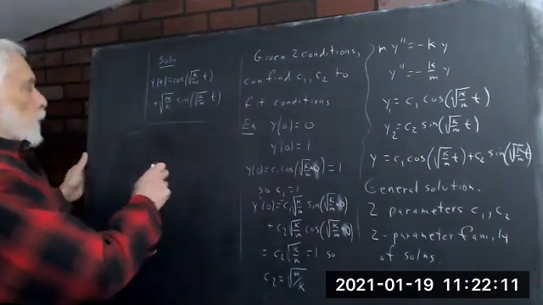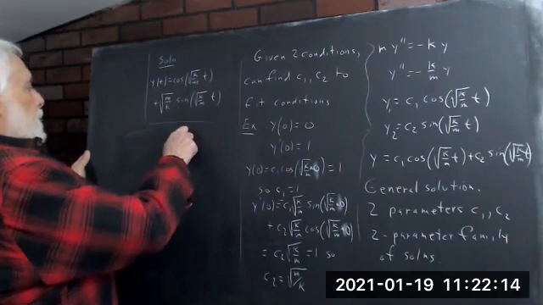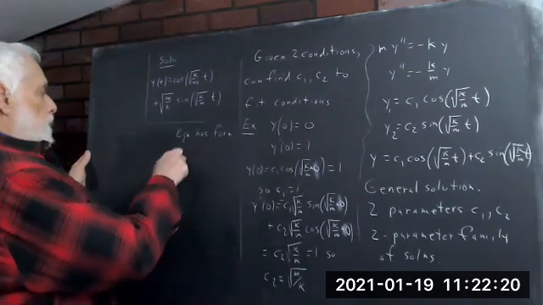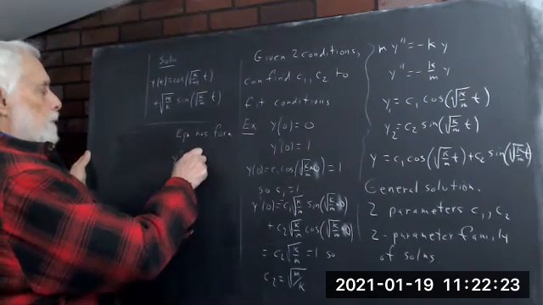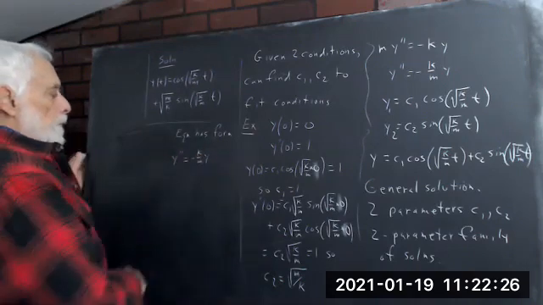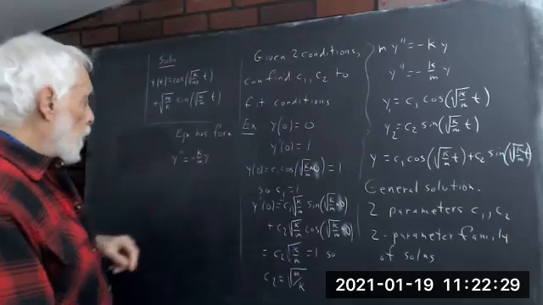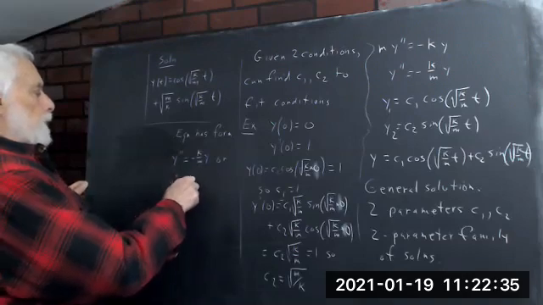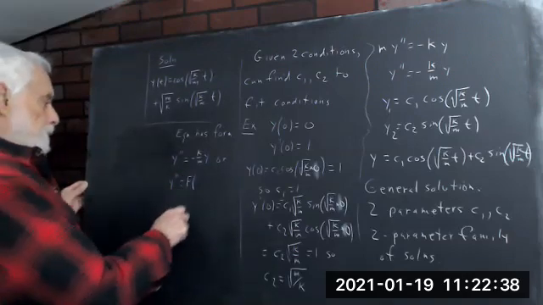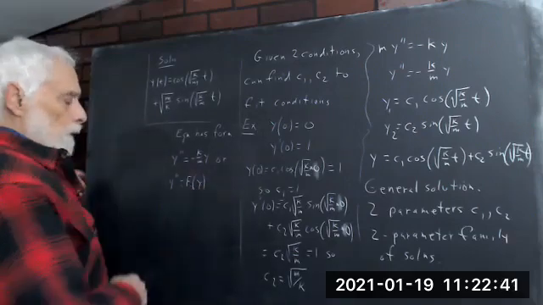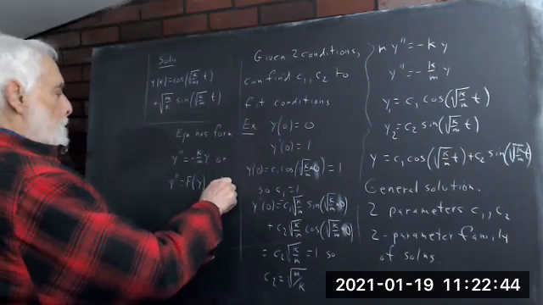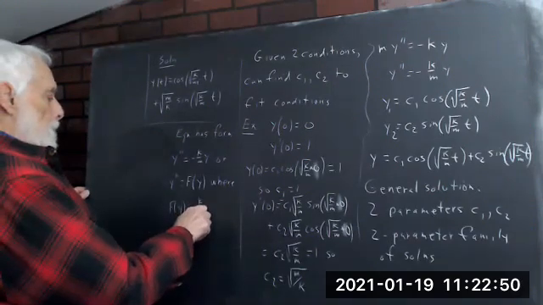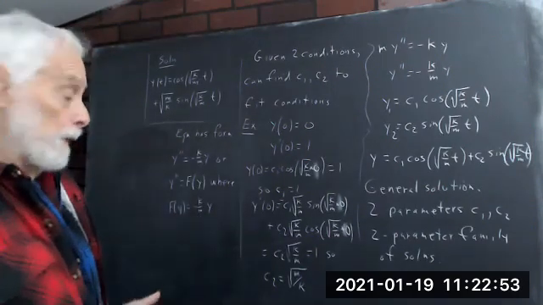This equation is of the form y double prime equals negative k over m y, or y double prime equals f of y, where f of y is negative k over m y.